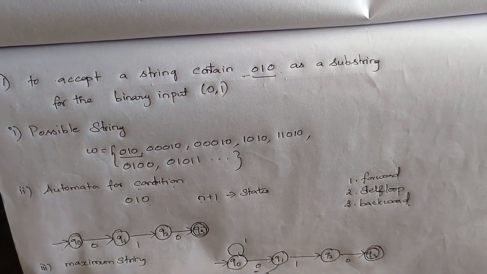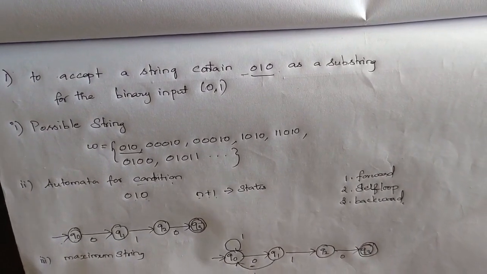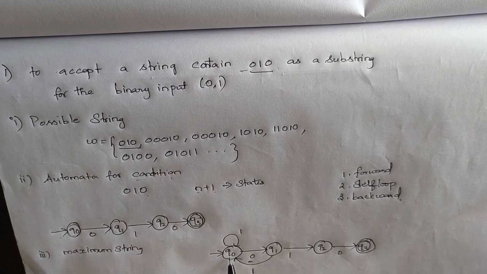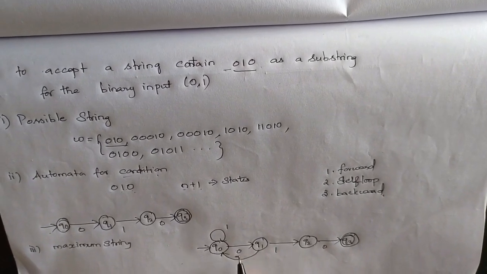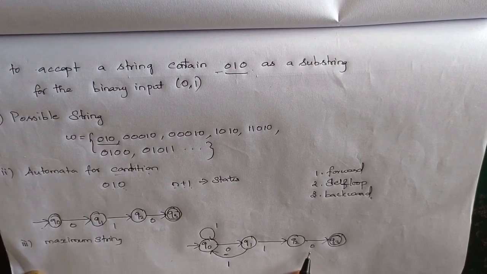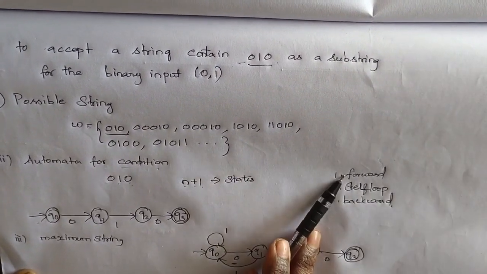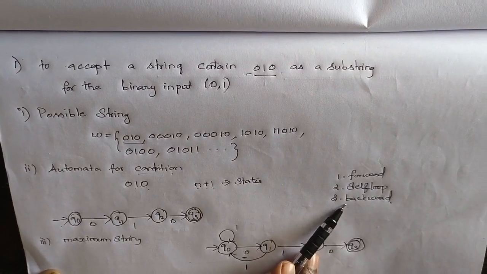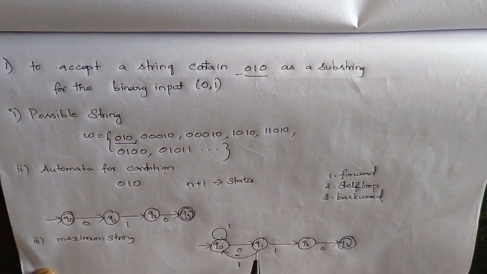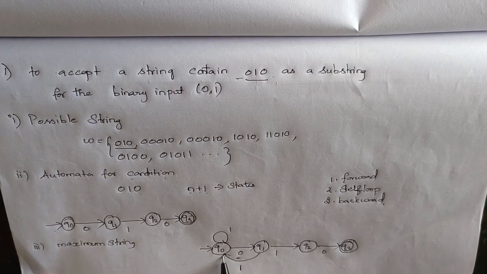If we give it backward to Q0, we get 1, 0, 1, 0, 1, 0, so the substring 0, 1, 0 is retained in the automata. So first forward fails, self loop also fails, and backward retains the substring 0, 1, 0. So for Q1, 0 is transferred to Q0.